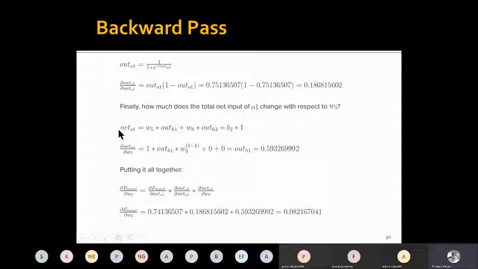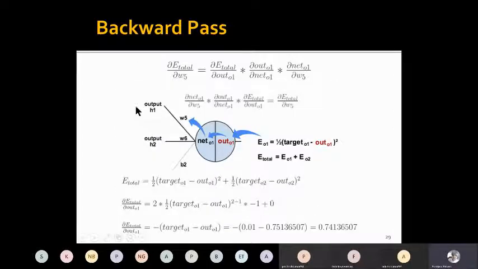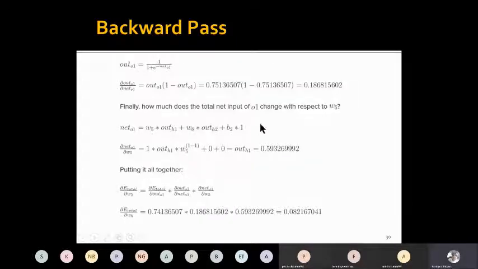This is the formula of net O1, which, if you see, is W5 into H1, plus W6 into H2, plus 1 into B2. So W6 into out H2 and B2 into 1 are constants in this case. So del net O1 by del W5 is 1 into out H1, which is equal to only out H1, and I know this value.